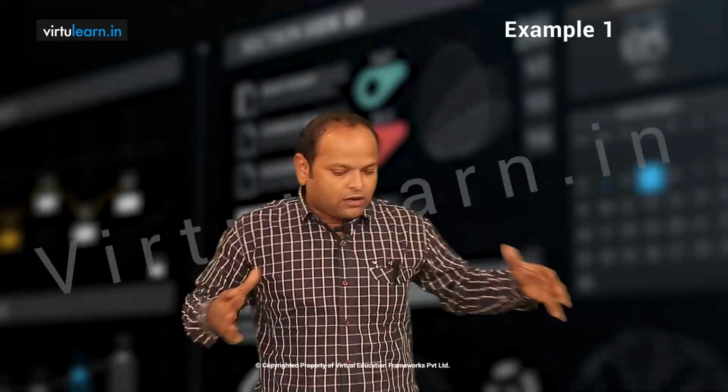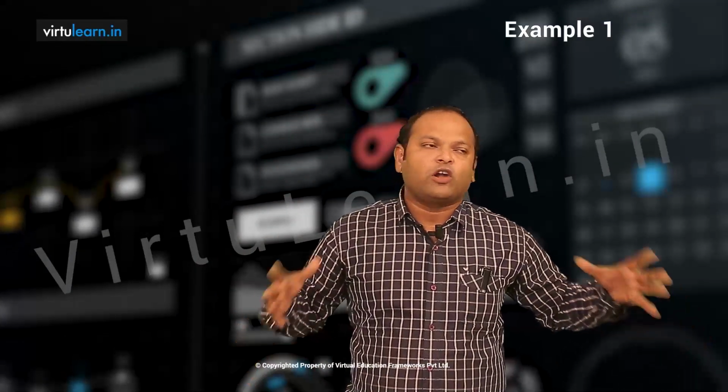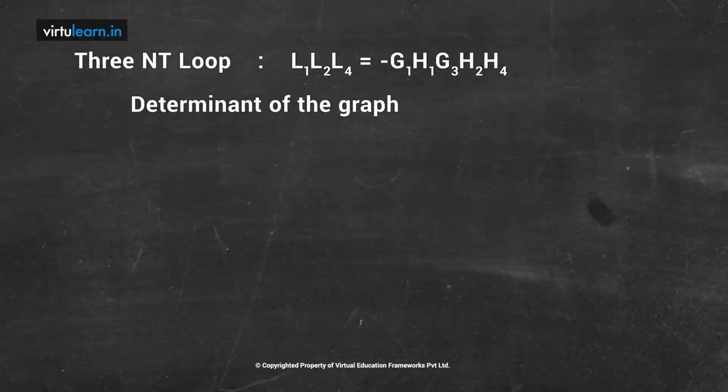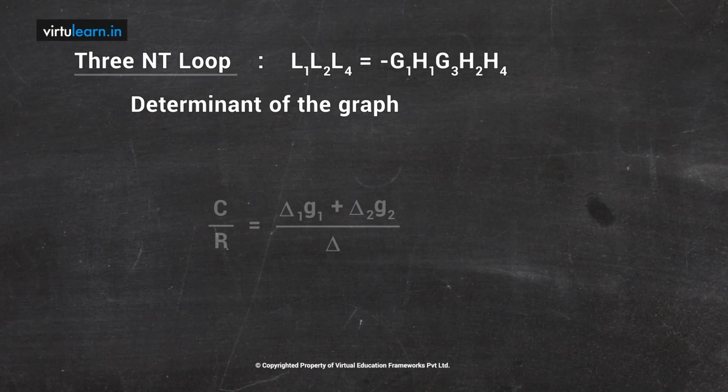So for this particular signal flow graph, what is the formula? We can write T of S, or C of S by R of S, is equal to, we know already there are two forward paths, therefore in the numerator you will get delta 1 G1 plus delta 2 G2, let us say G1 and G2 are your forward path gains, divided by delta.